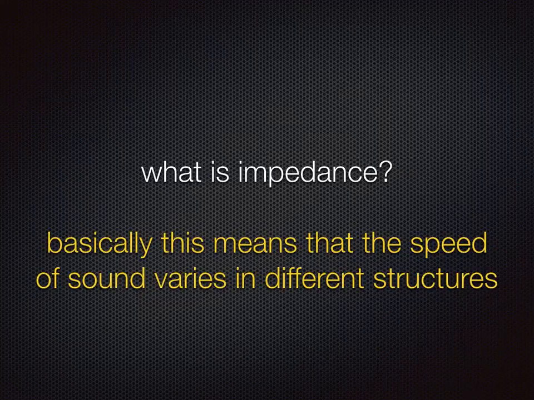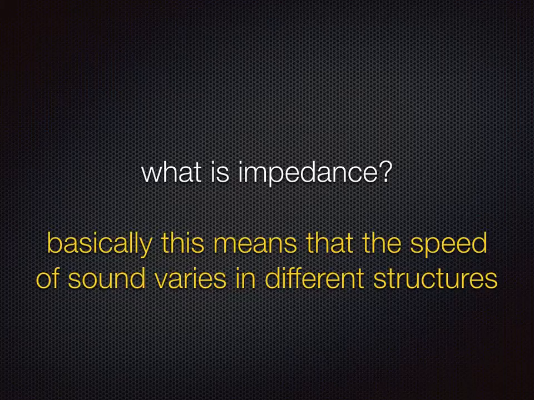So impedance is what we call the particular type of tissue structure that causes the speed of sound to travel at a certain velocity. So things such as bone are very dense and quite rigid, and so their impedance value actually affects how fast sound travels in those structures.